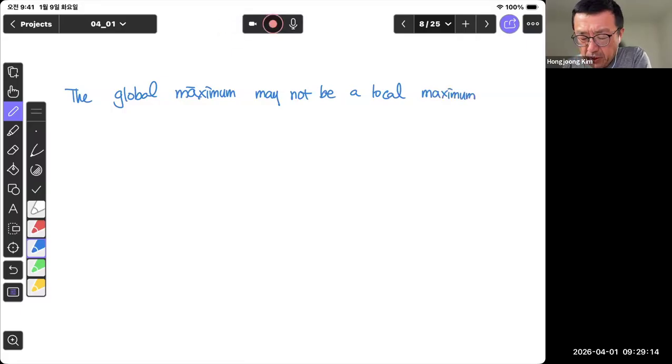In a similar way, if you have the global minimum, that value may not be a local minimum. And we saw one example in figure 2.